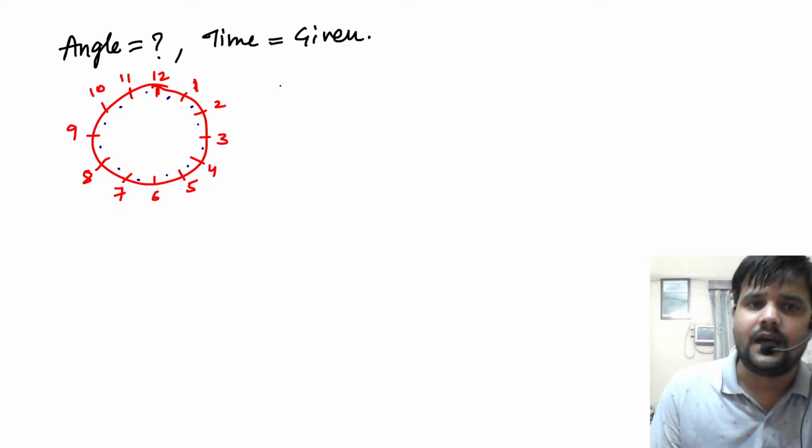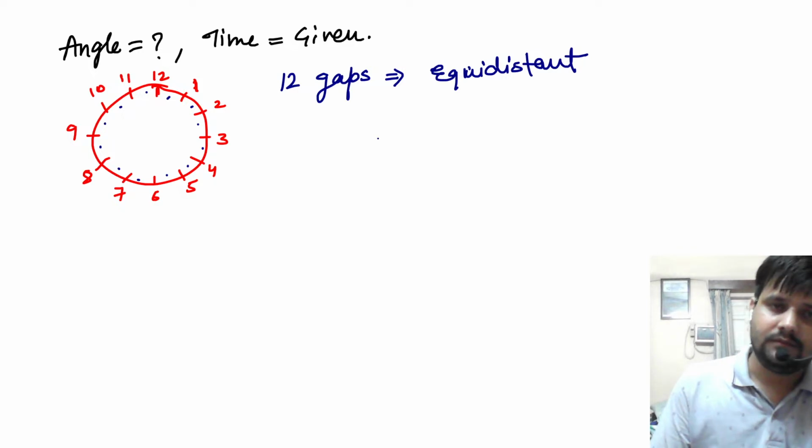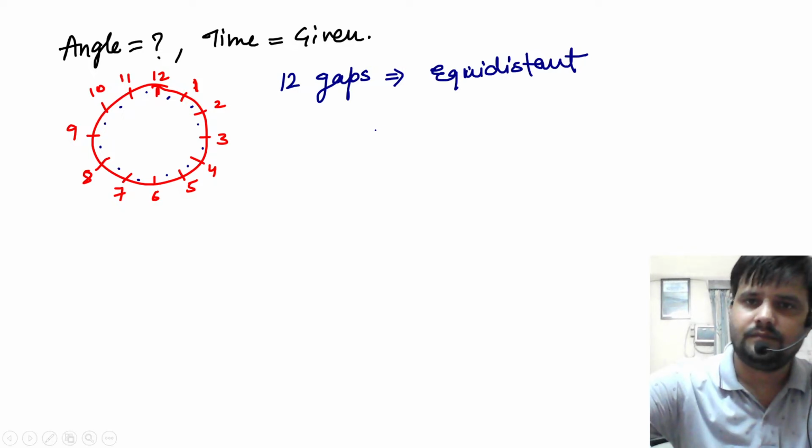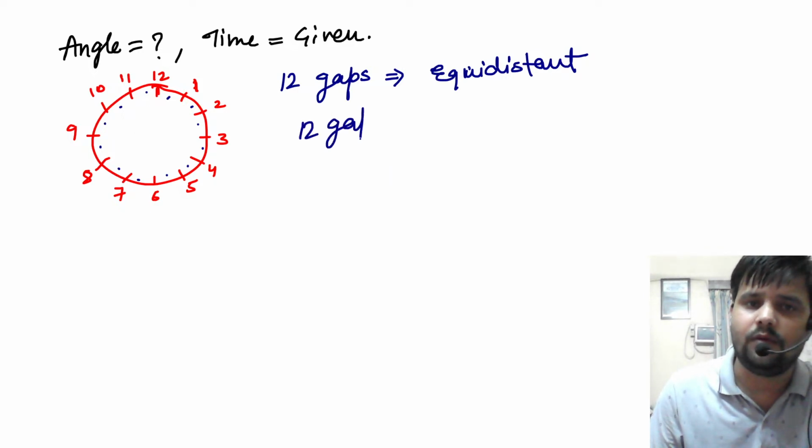So in clocks there are 12 gaps, and those remain equidistant. And in a clock, since it's a circle, these 12 gaps will be equal to 360 degree. So I can say that one gap belongs to 30 degree.